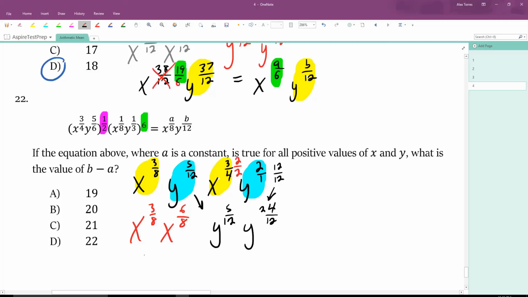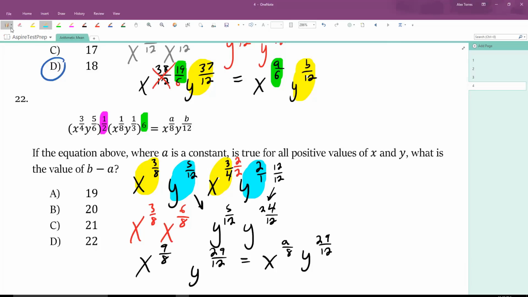So for the x's, now we have x to the, well, we can add 3/8 and 6/8, so that's 9/8. And for the y's, we have 5/12 and 24/12, so 5 plus 24 is 29 over 12. And that was all equal to x to the a over 8, y to the b over 12.